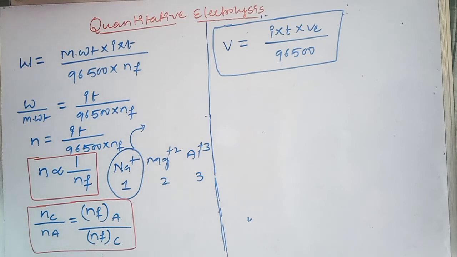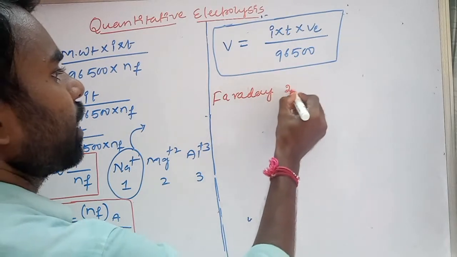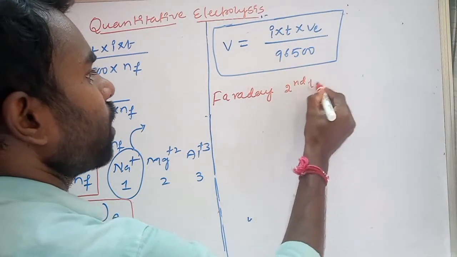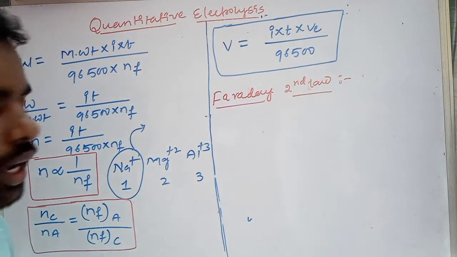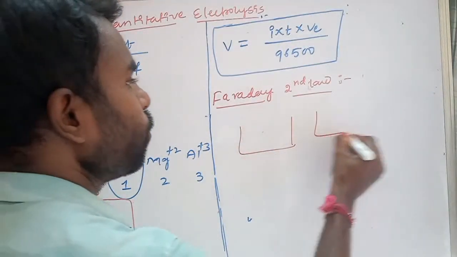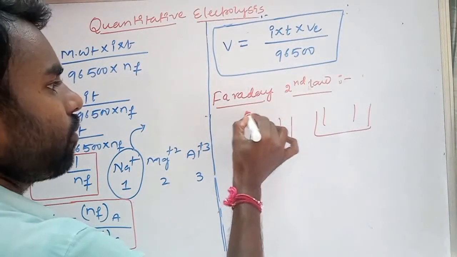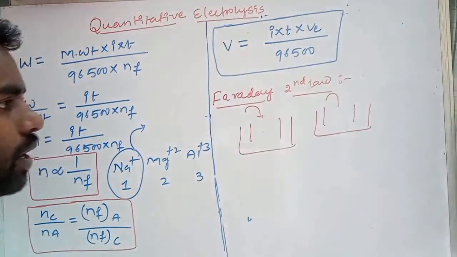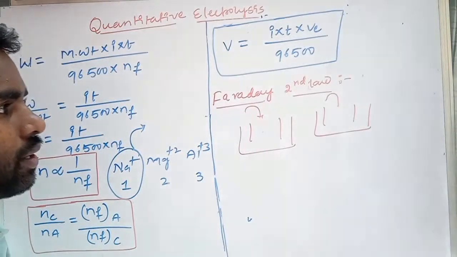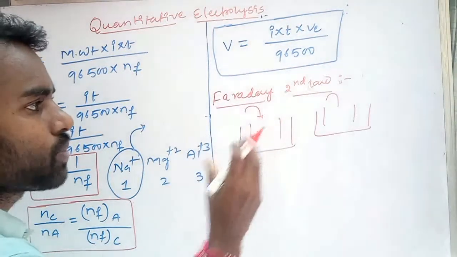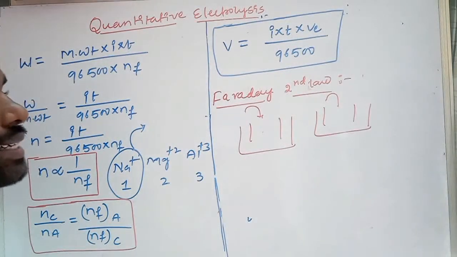Next, Faraday's second law. So what is the meaning of Faraday's second law? Faraday's second law is nothing but, when the same quantity of electricity, for example through these two electrolytes, is passed through two different electrolytes, then the amount of substance deposited at the electrode is directly proportional to its equivalent weight.